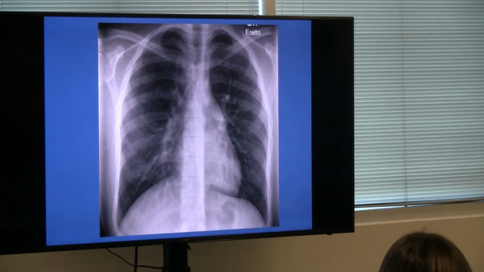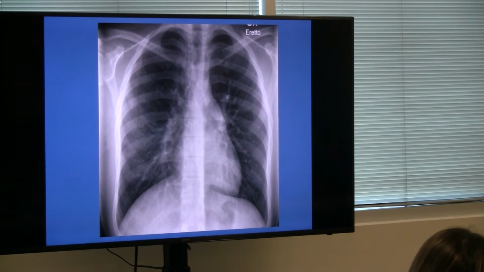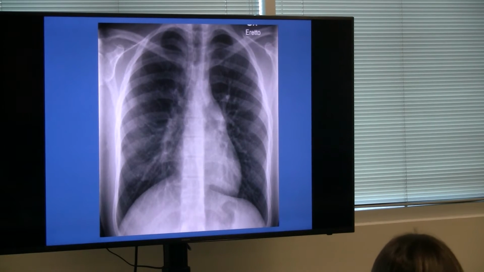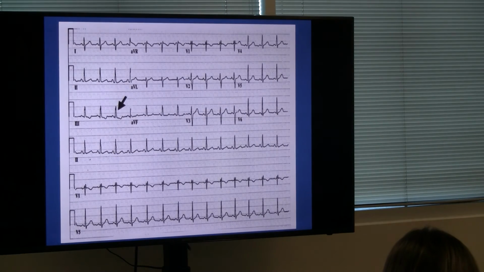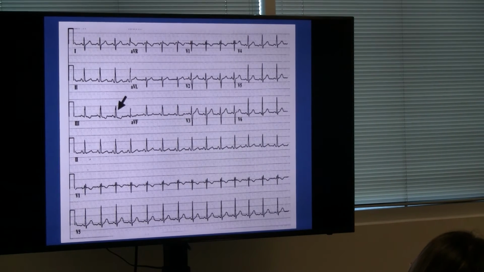So, chest X-ray shows some right ventricular enlargement because the angle is tending towards the acute, and some fullness in the pulmonary vasculature. But overall, the chest X-ray is normal. That's actually also a commonly missed finding when the radiologists are reading the chest X-rays every 2 seconds. The ECG sometimes shows a prolonged PR interval.